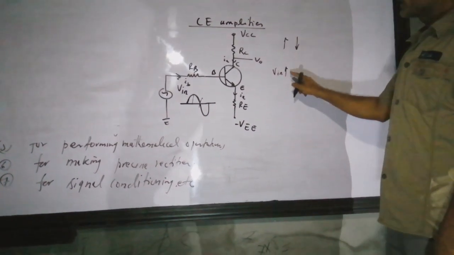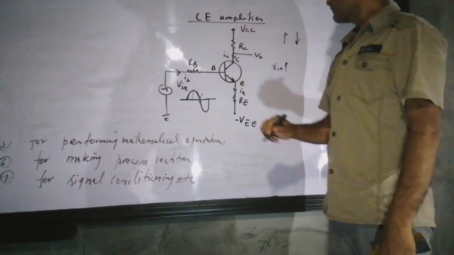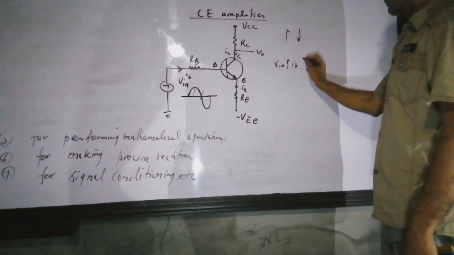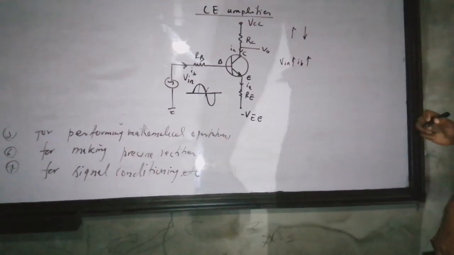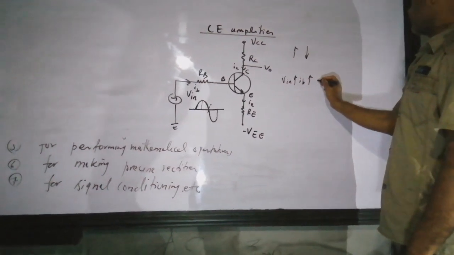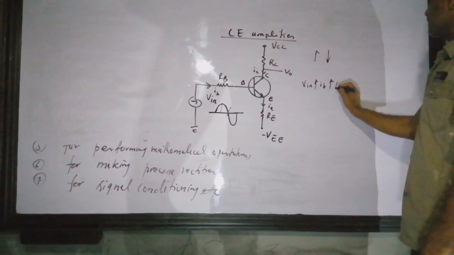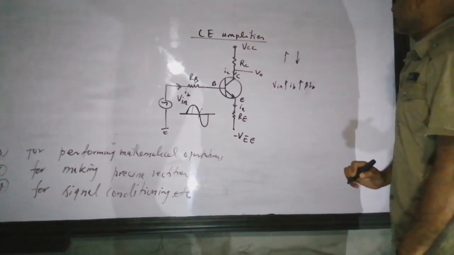So I wrote the increasing symbol, this up arrow. Vin increases, then you can directly see that the base current IB also increases. When IB increases, we know that IE also increases, that is beta times IB.